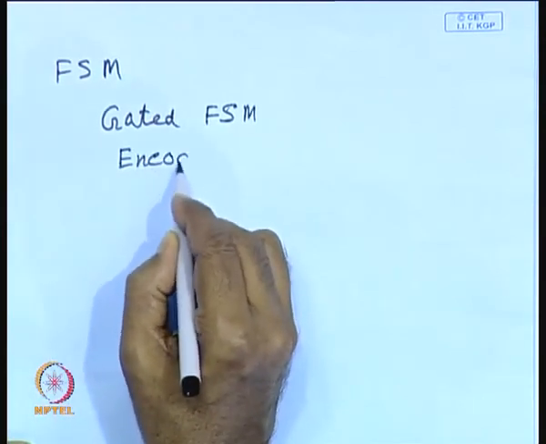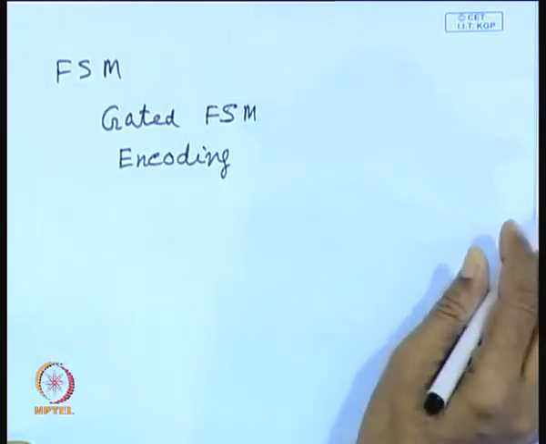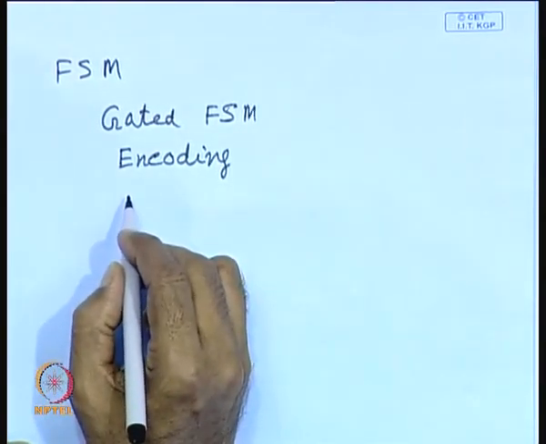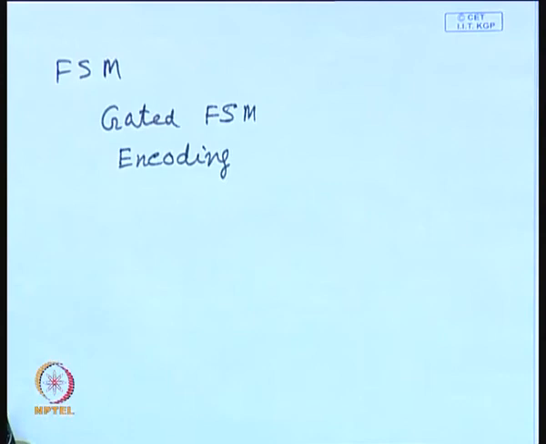You can do state encoding such that the switching activity is reduced, and then we have used another technique, that is essentially a technique where you do FSM partitioning.